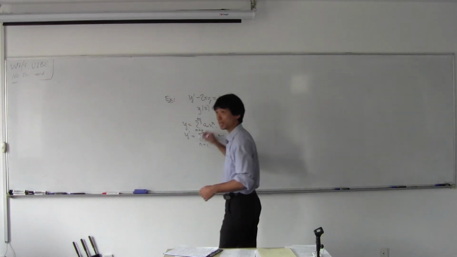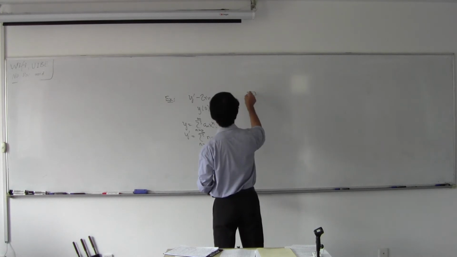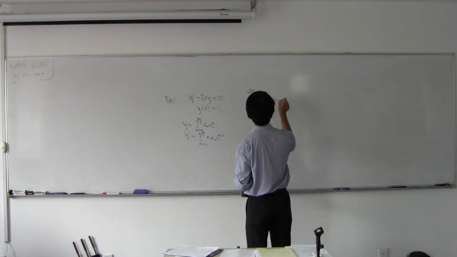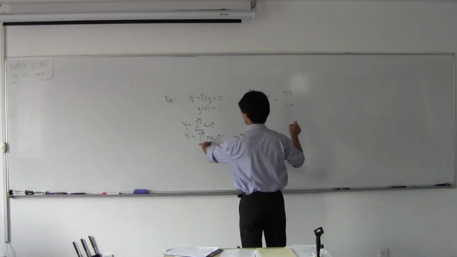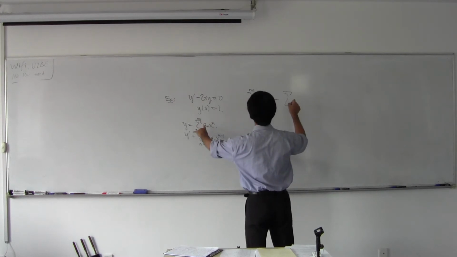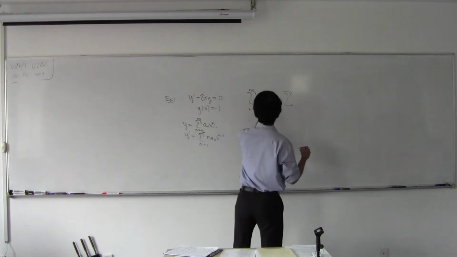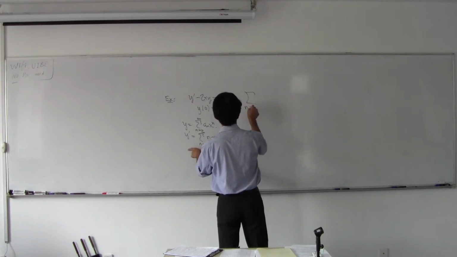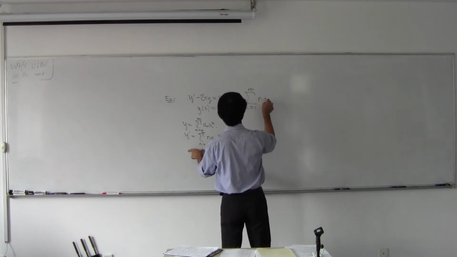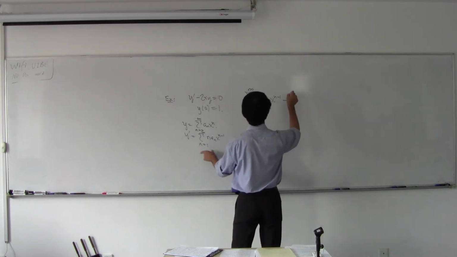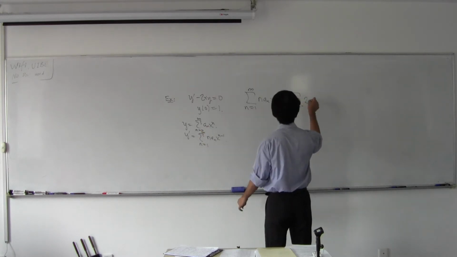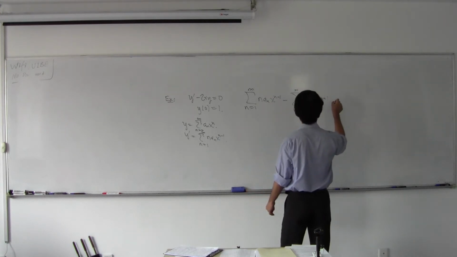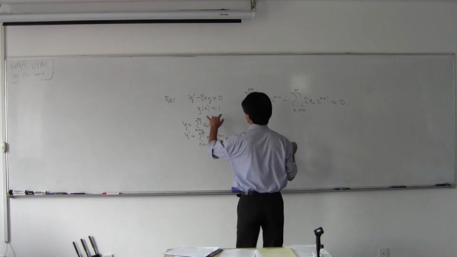And so plugging this in, you get y prime, from 1 to infinity, a sub n x to the n minus 1, minus 2x times y, which is 2 a sub n x to the n plus 1 from n equals 0 to infinity, equals 0, and y at 0 is equal to 1.